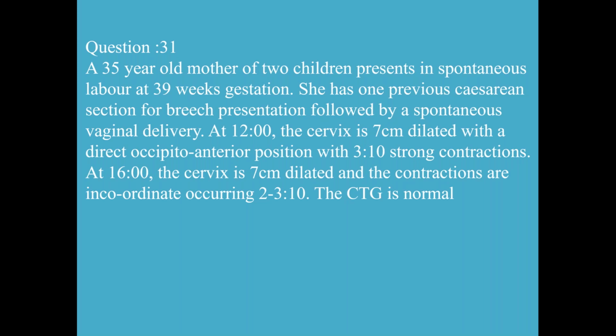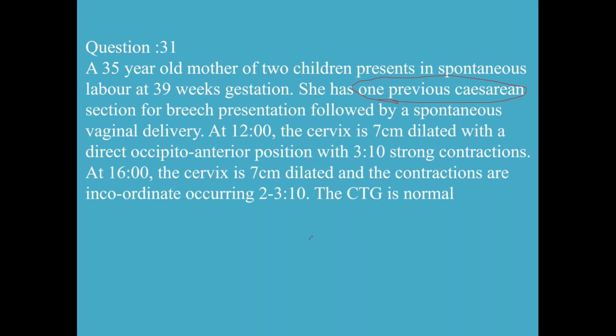She is a 35-year-old with 2 children. She presents in spontaneous labor, gestational age 39, and she has a previous C-section for breech presentation, followed by a spontaneous vaginal delivery. At 12 o'clock the cervix is 7 cm with a direct OA position, which is good. At 3:10, strong contractions are detected.